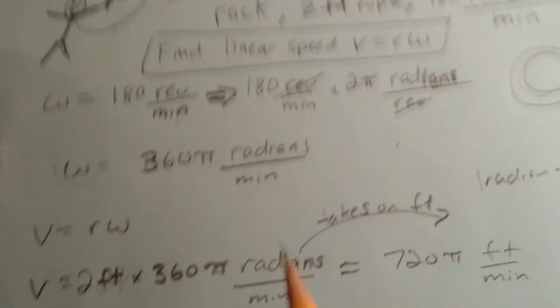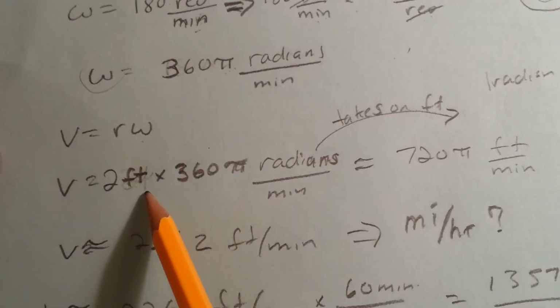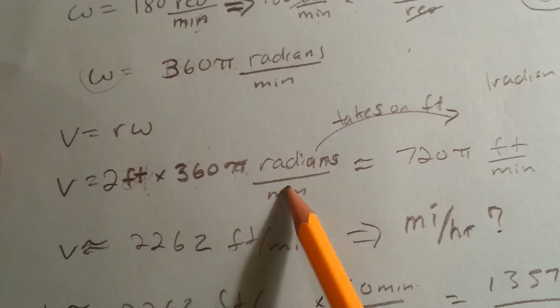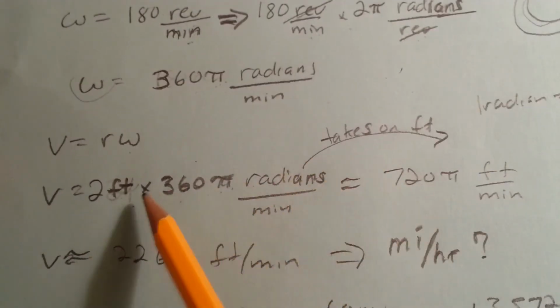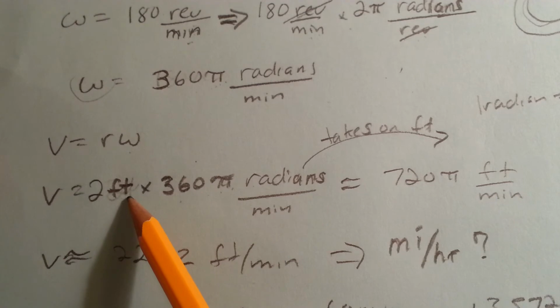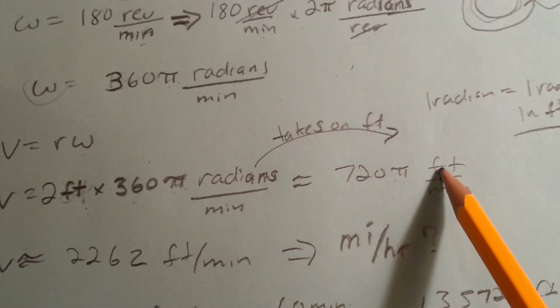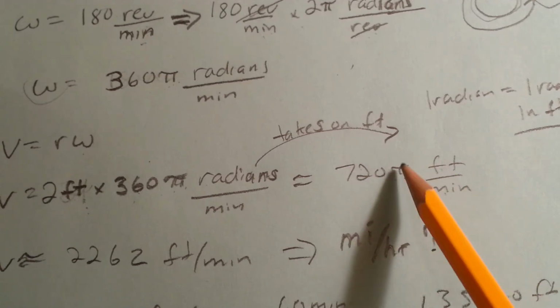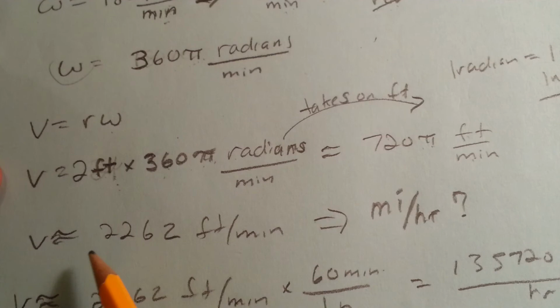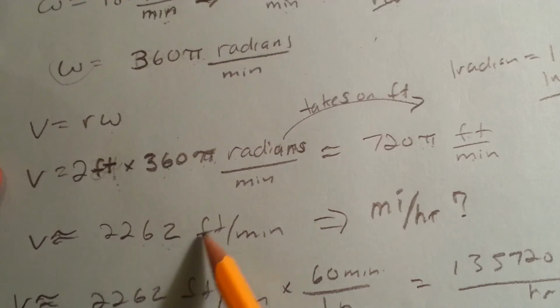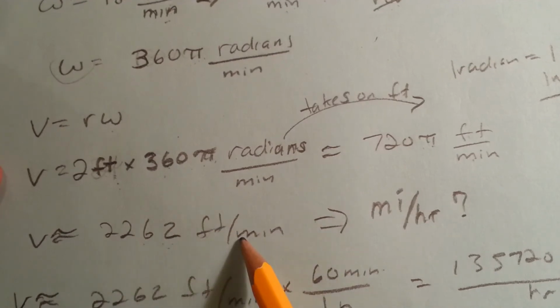Now remember, r is a 2-foot rope. So 2 feet times 360 pi radians per minute. Remember, now radians are based on this radius in feet. So I end up with 2 times 360, which is 720 pi feet per minute. And I'm going to multiply out by pi and get an approximation of 2262 feet per minute of linear velocity.